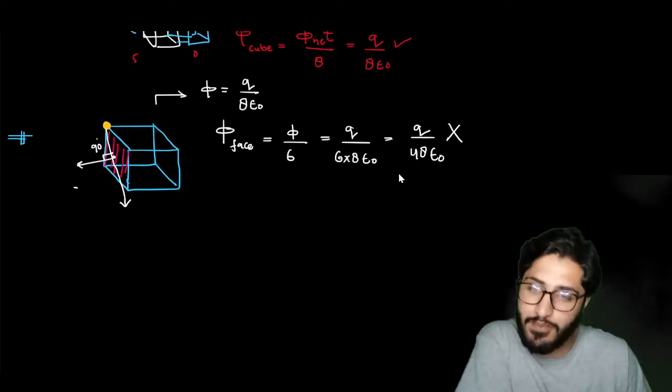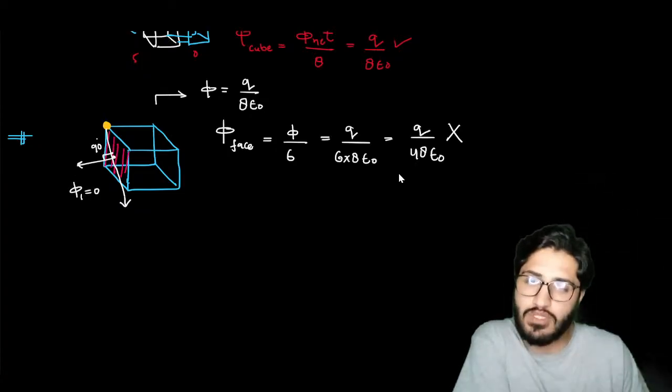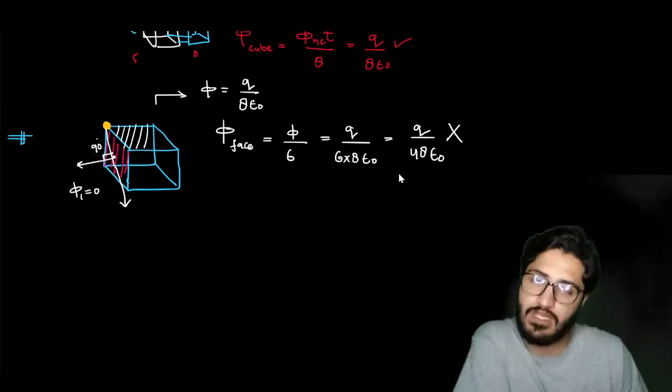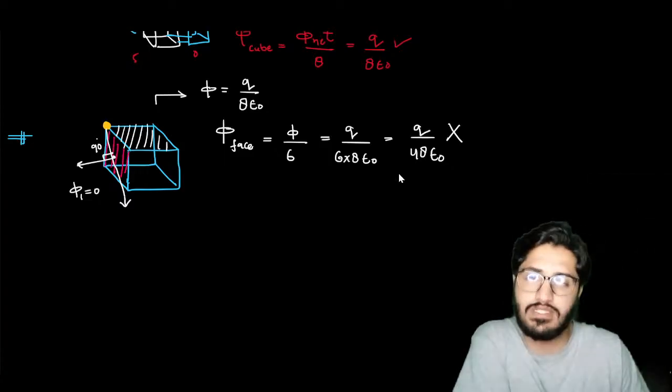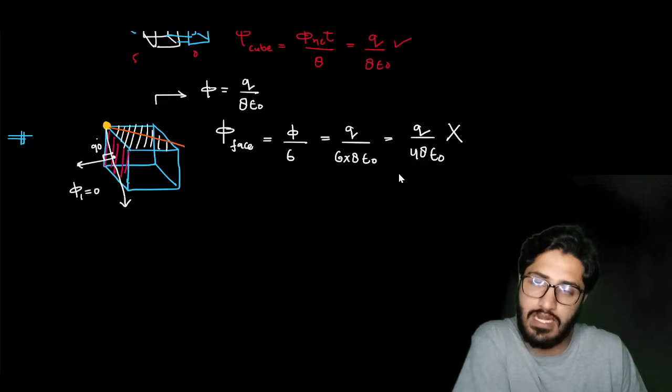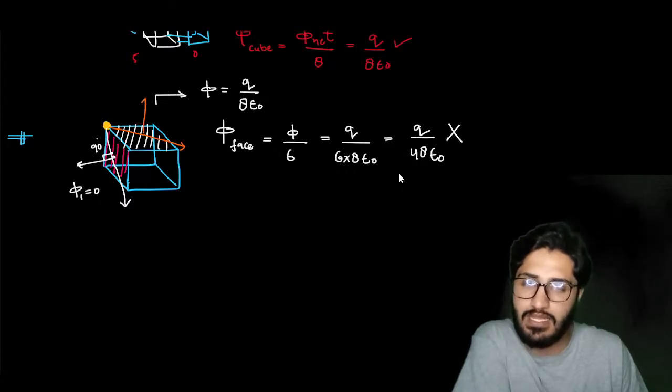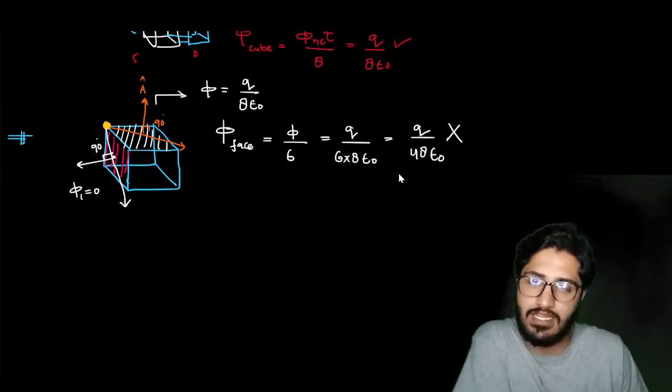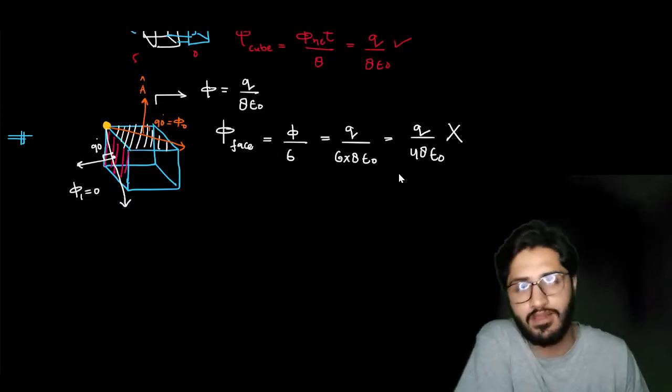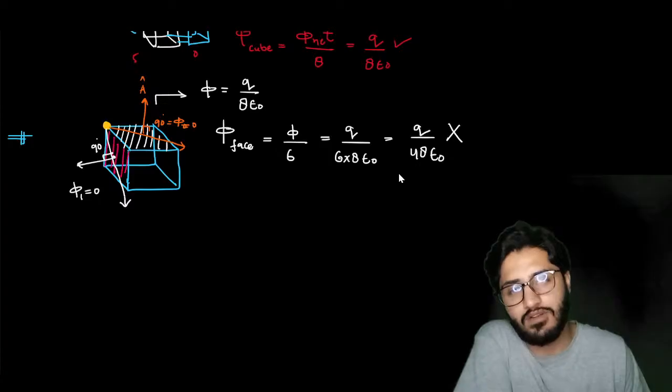So from this first face, flux is 0. Let us talk about the upper face. Same. You can see, sir, my flux lines would be like this, and my area is in this way. So the angle is 90 degrees. So my flux is 0. So from the second face, it is 0.